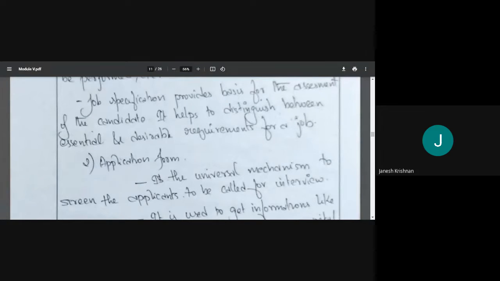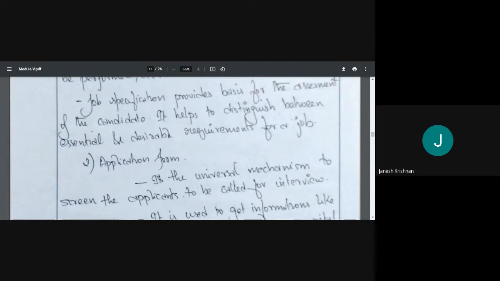Okay. Sometimes there will be certain desirable requirements. That is, the person is staying nearby. If his house is nearby, he can come to the site whenever it is needed. Suppose I have 10 candidates, and a candidate is very close to my site, maybe within 2 or 3 kilometers.